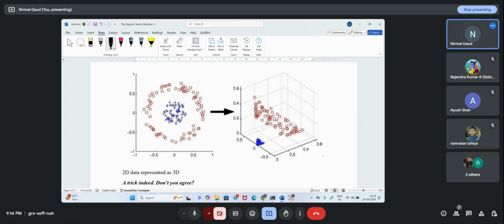This is 2D, and you can see blue are in the center, and all these red are surrounding it. This is also linearly inseparable, a complex case. You cannot separate these two, but we have a kernel trick. This is 2D, I can make it 3D.